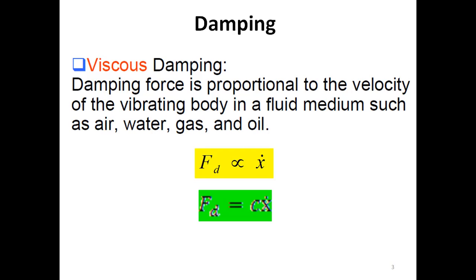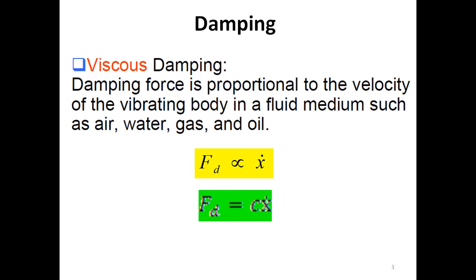Removing this sign of proportionality, we convert it into an equality sign. For that, we have to include a proportionality constant, C, which is the coefficient of damping, or damping coefficient. So the equation that we would be using in this course is F_d, the damping force, equal to C x dot, where x dot is the velocity of the mass and C is the damping coefficient.